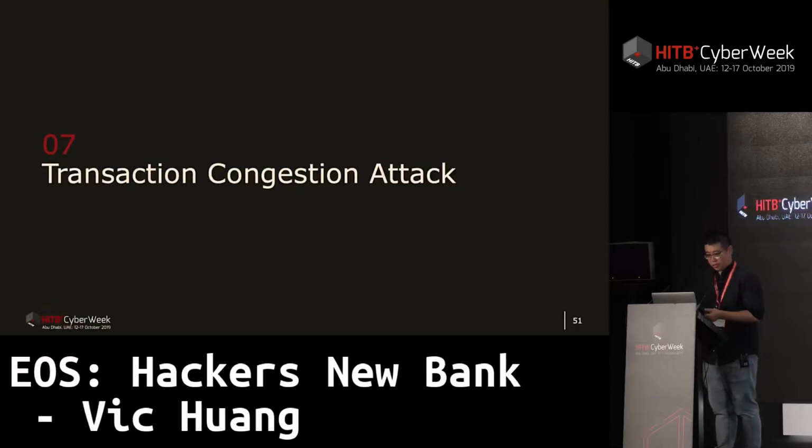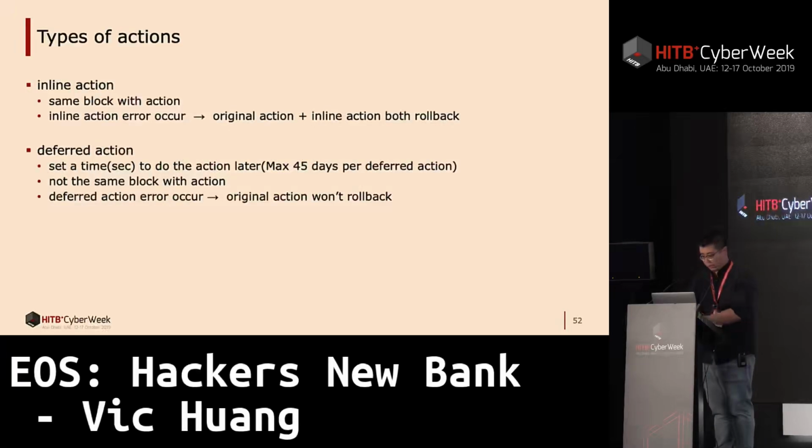The next is the transaction congestion attack. We have mentioned two kinds of actions. The feature of the deferred action is that you can book actions and they will be triggered after some time, and when the deferred action errors, the original actions won't roll back.